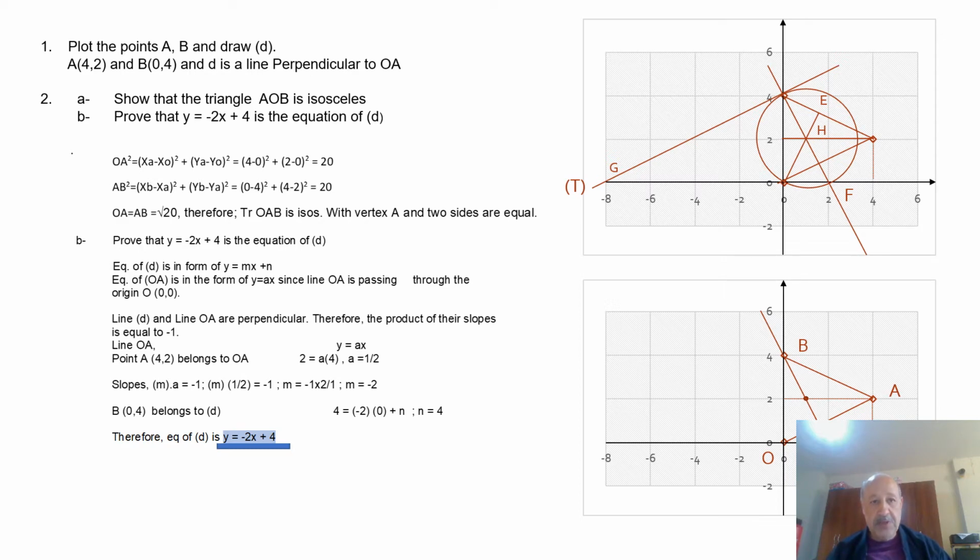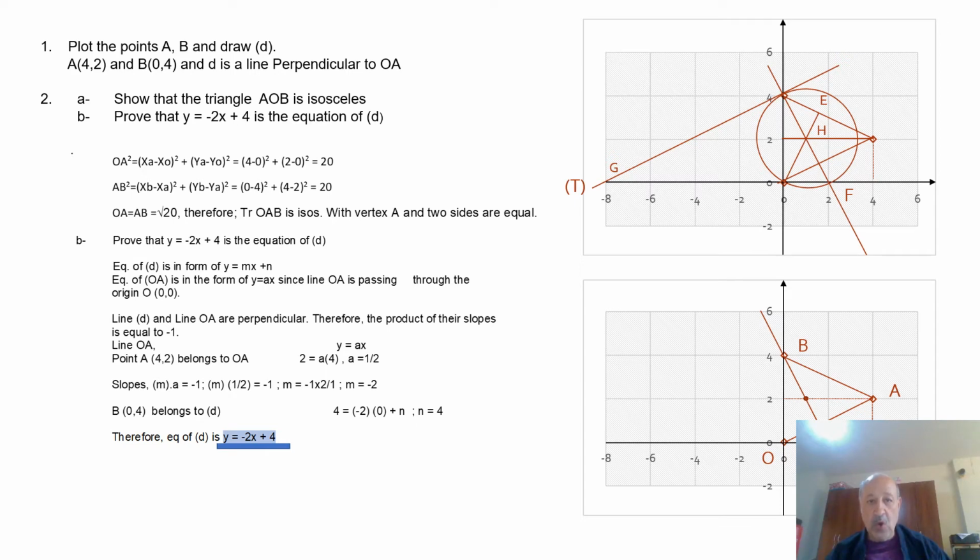The first question: show that the triangle AOB is isosceles. How can we show that OAB is an isosceles triangle? Let's consider these two sides, OA and AB. So we find OA, we have the formula OA squared is (x of A minus x of O) squared plus (y of A minus y of O) squared.